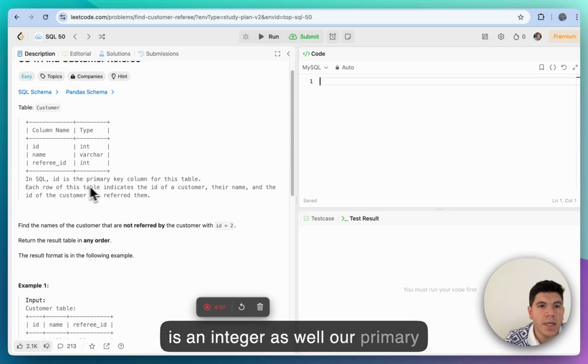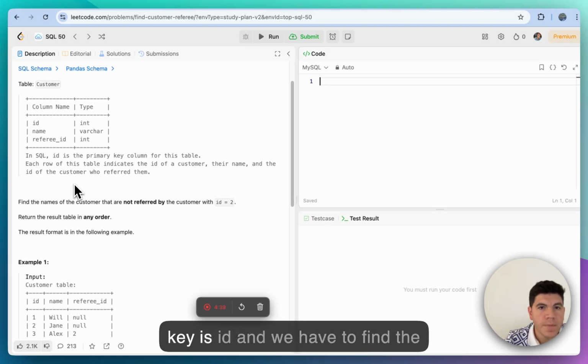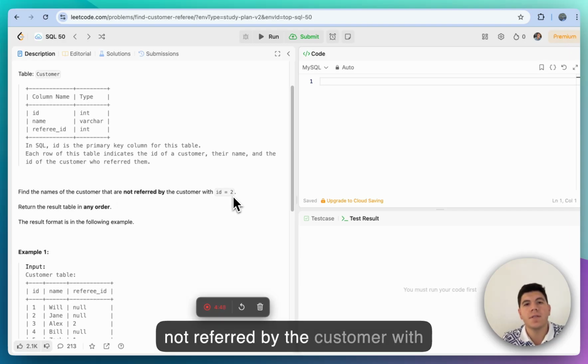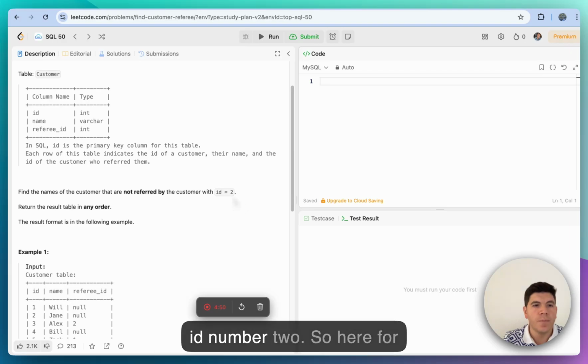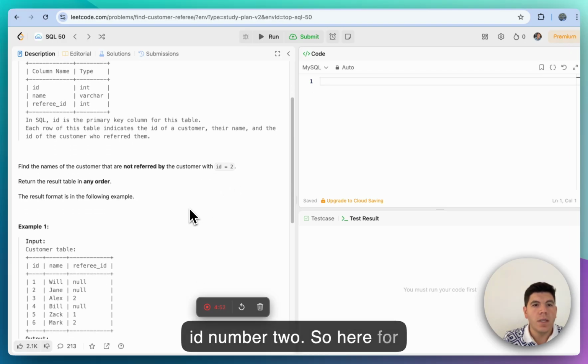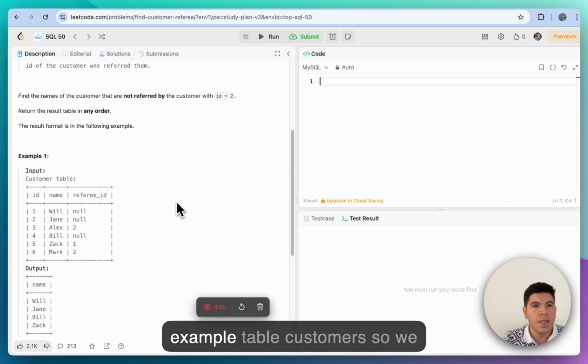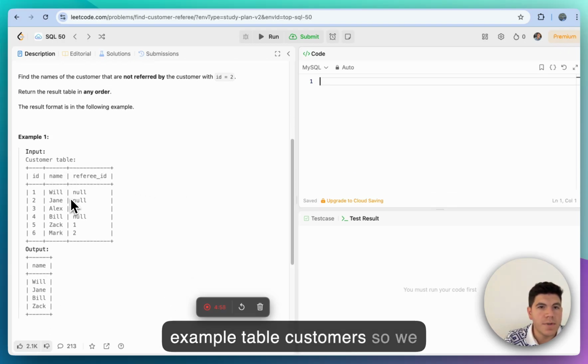Our primary key is ID, and we have to find the names of the customers that are not referred by the customer with ID number 2. For example, we have been given an example table, customers.